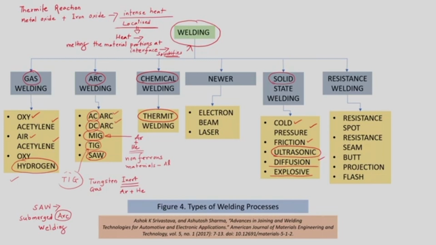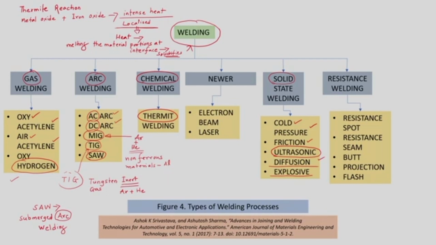We can apply pressure, that is cold pressure, or we can apply friction, which is quite popular in industry nowadays, that is the friction stir welding process. It is a solid state welding process where the friction energy is used to join the parts together in a solid state only.